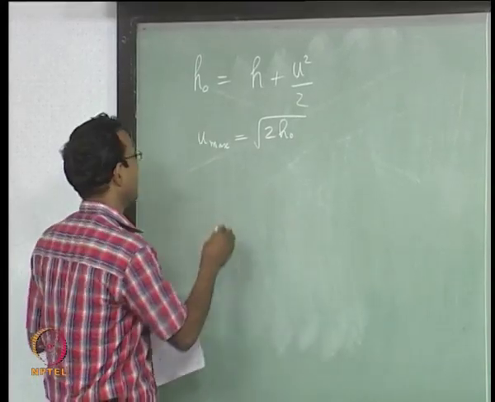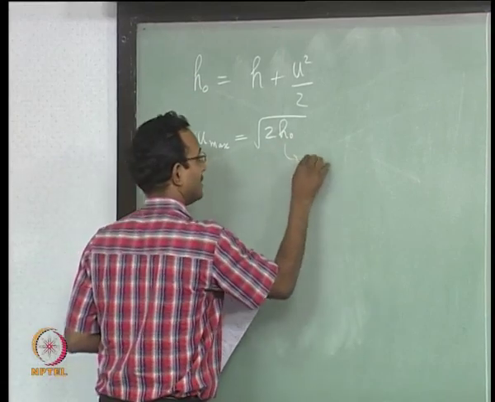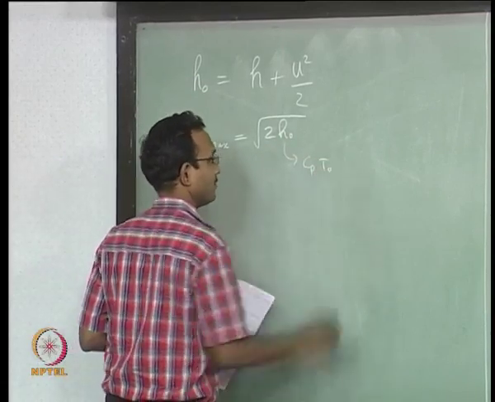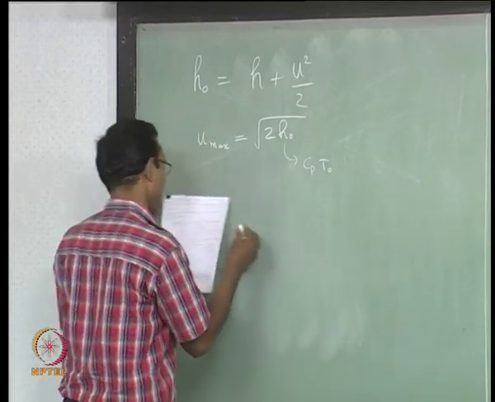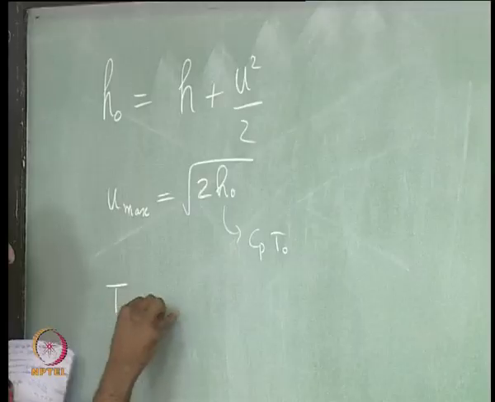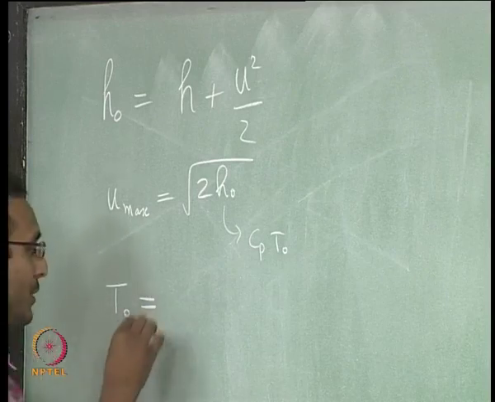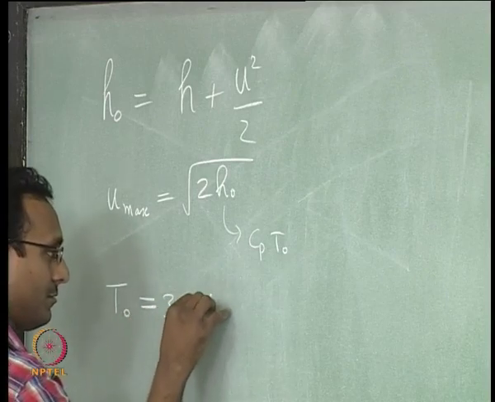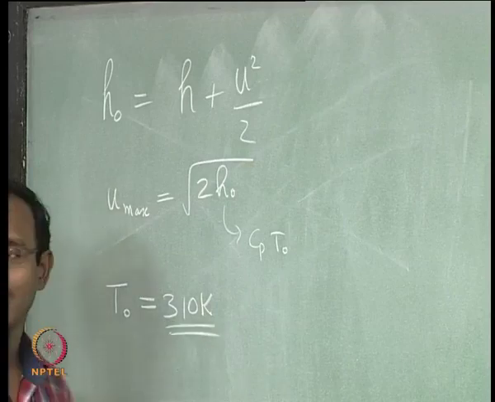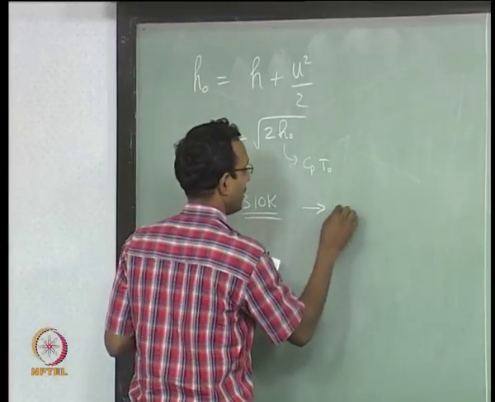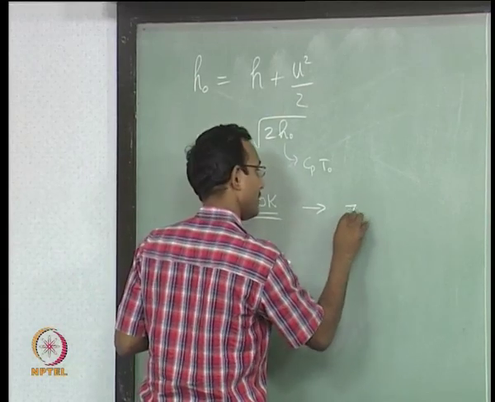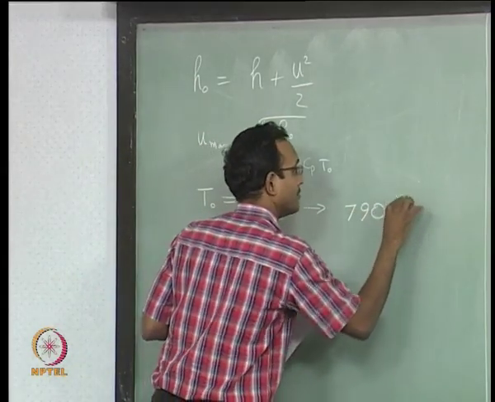So, let us replace H naught with Cp T naught, and then I will give you numbers. If I assume T naught for my gas to be 310 Kelvin, our kind of room temperature, then this is going to give me roughly 790 meter per second.